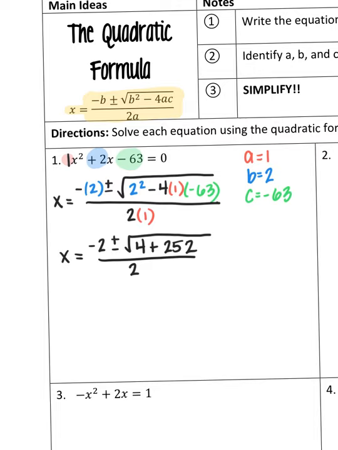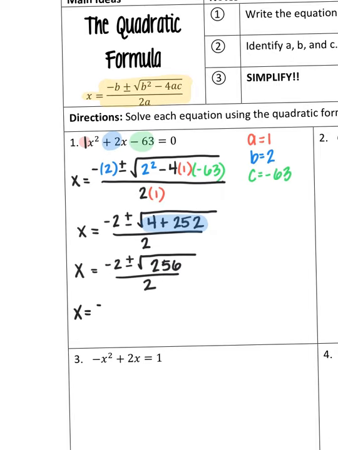Okay? So now let's go ahead and do what's in our square root. We get x equals negative 2 plus or minus, we're just going to simplify. All I'm doing here is simplifying 4 plus 252, and I get 256 all over 2.